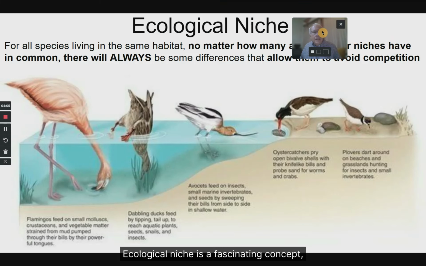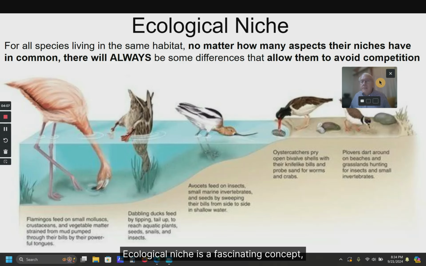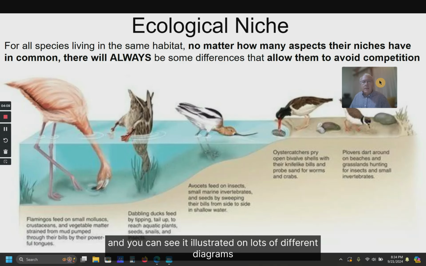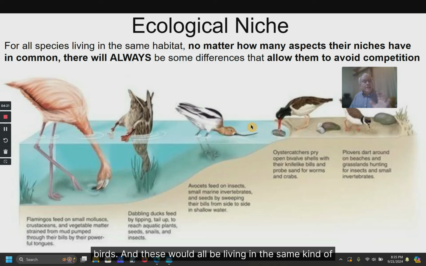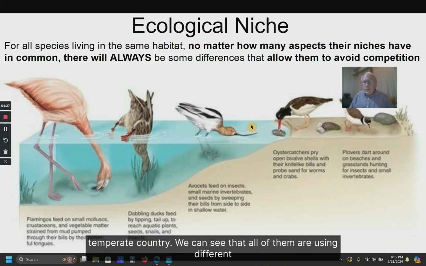Ecological niche is a fascinating concept, and you can see it illustrated on lots of different diagrams on the internet. This one is a picture of water birds, also called aquatic birds. And these would all be living in the same kind of area on the edge of, say, a pond or a river in a temperate country.